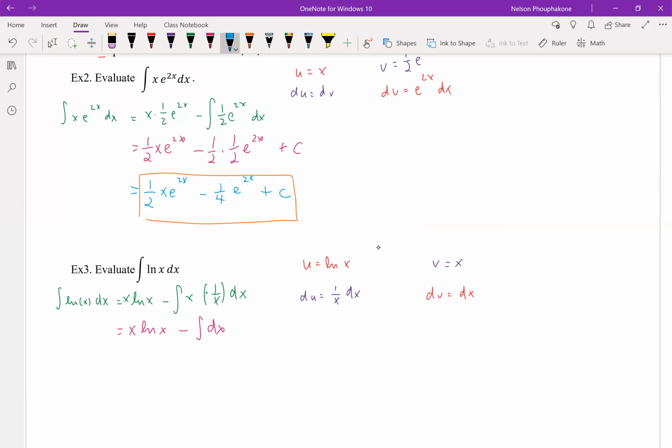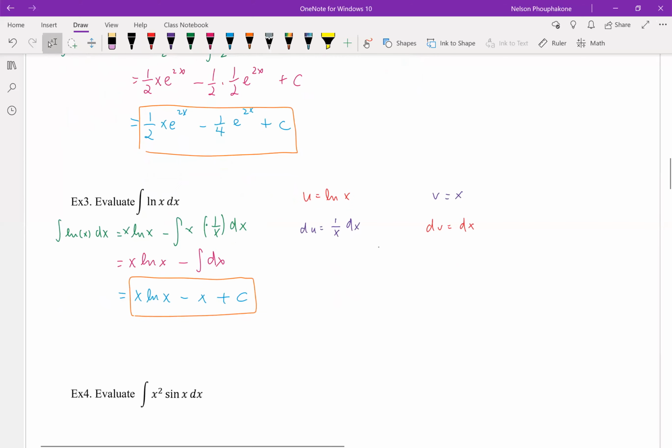So then of course we know that here it will be x plus c. So this is one way to do the problem. So again, sometimes maybe just have dv equal to dx to work out the problem.